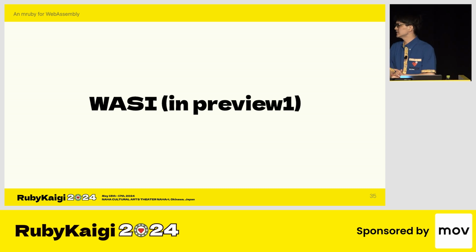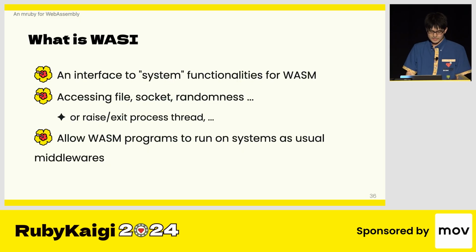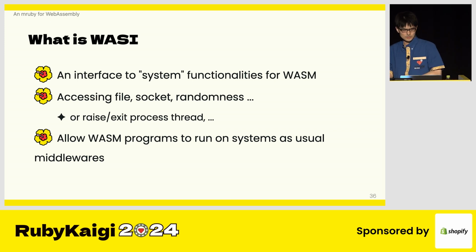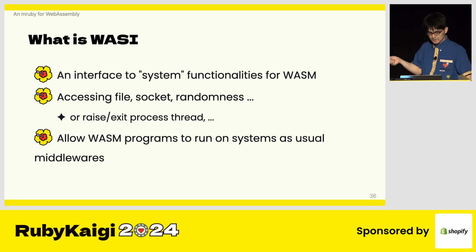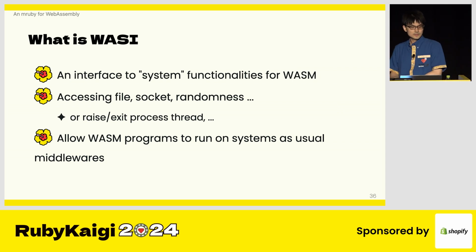Also, we must understand the basics of WASI. WASI is an interface to system functionalities. For example, when you want to access files, sockets, randomness, or raising threads, or getting clock time using WASM, you can get this information via WASI.